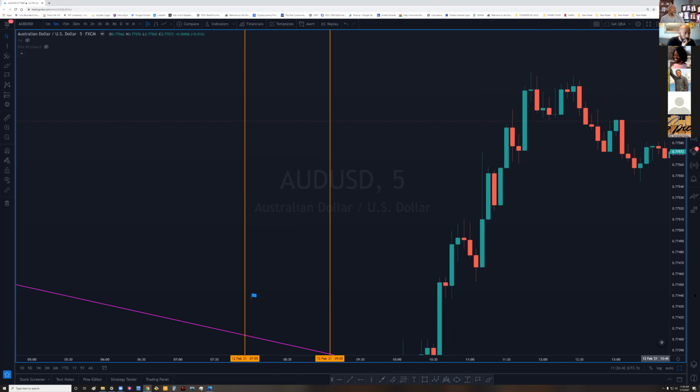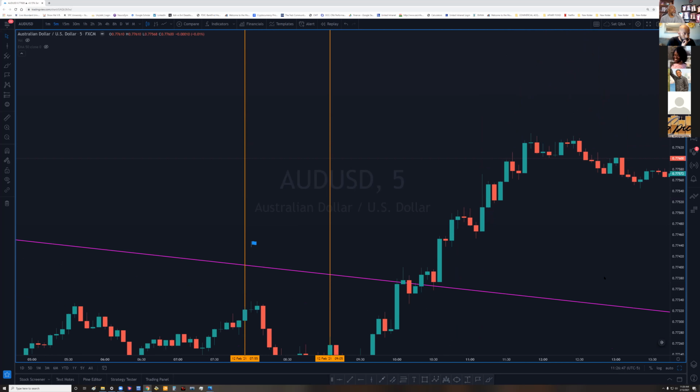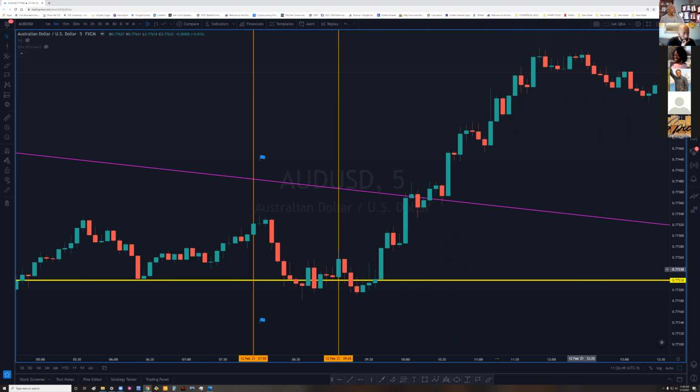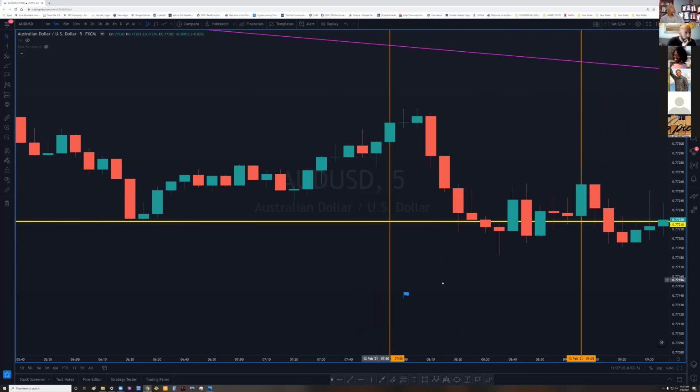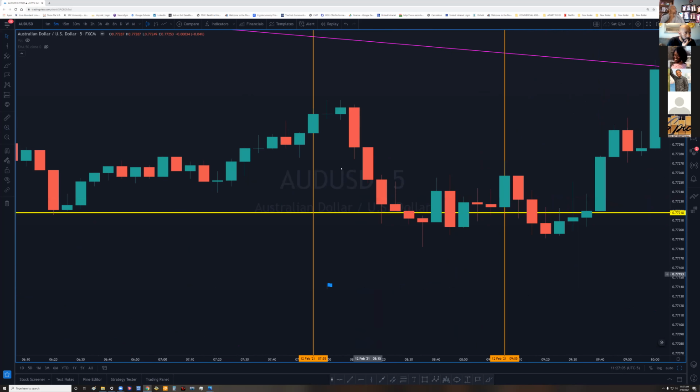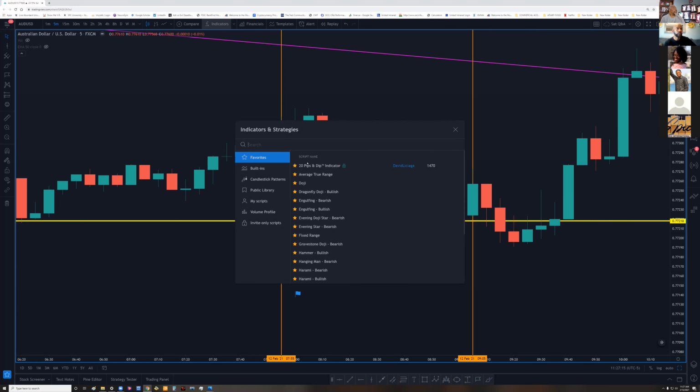Put the magnifying glass back on, and this time take it from here to here. There you go. So now this is our hour you were just talking about, and then you're gonna get a 20 pip and dip indicator for the win.